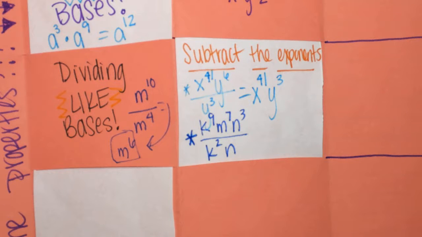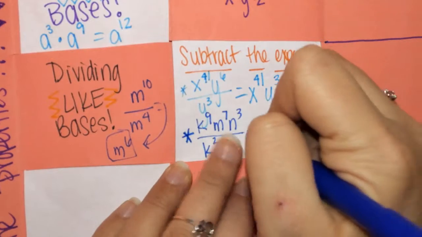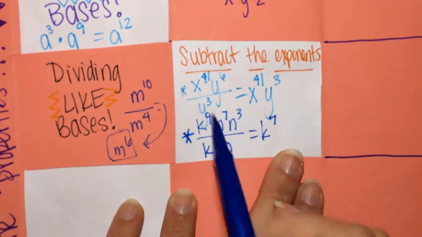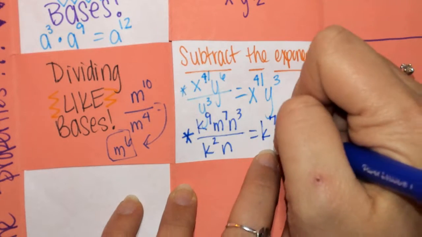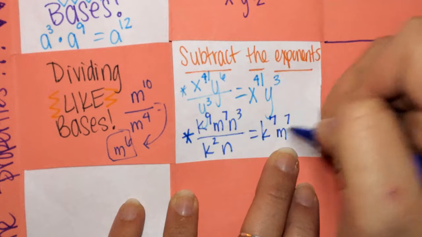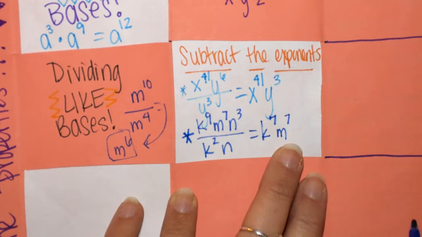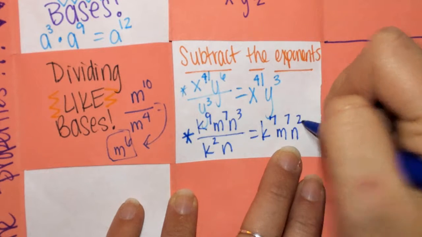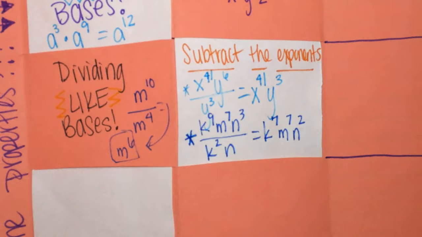All right, now what are we going to do with the k's? Subtract that. So it's 9 minus 2. All right, what are we going to do with that m? Why do we leave it? Because we don't like it. All right, so m to the 7th. And what are we going to do with the n's? Subtract. So what would it be? N squared. Awesome. Yay, that's it. That's all you do. It's magic. Easy peasy.